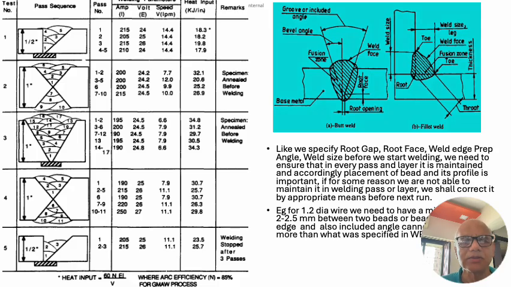Like here we have given an example that for a 1.2 dia wire, if we can keep a 2 to 2.5 millimeter gap and a proper angle, then, like we maintain root gap, root face, and weld edge preparation for every layer, it shall be for every pass also, and that will give a sound weld which will have good fusion and good metallurgical characteristics. The dilution levels can also be maintained.